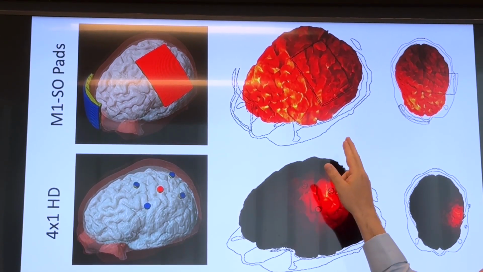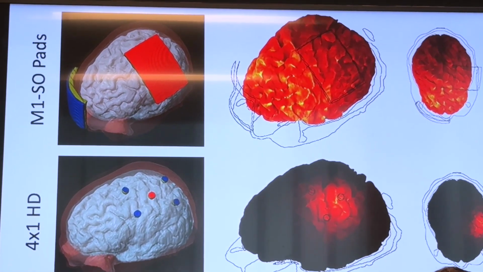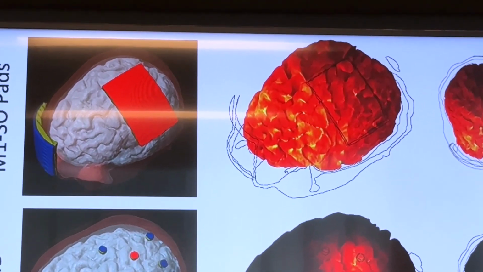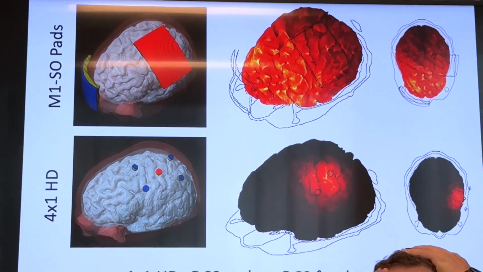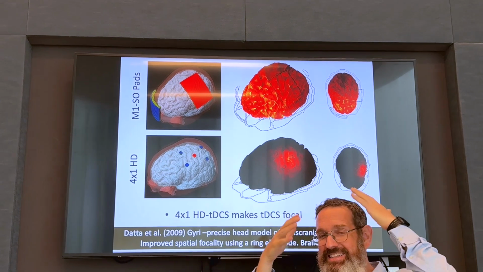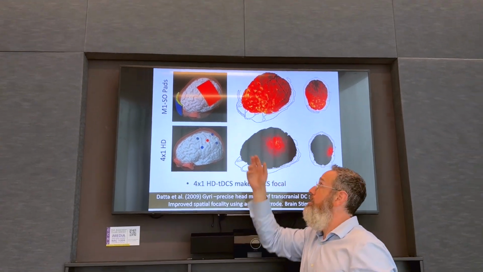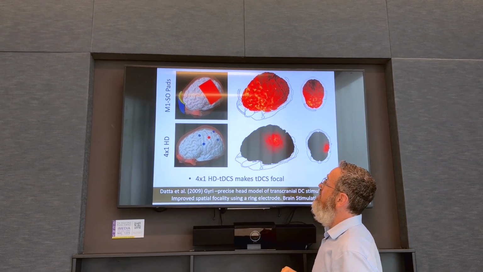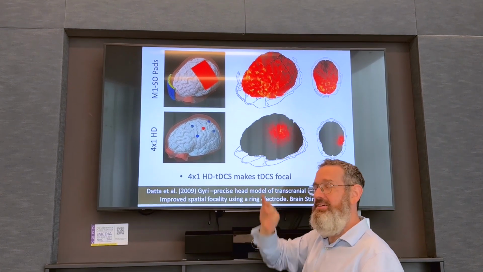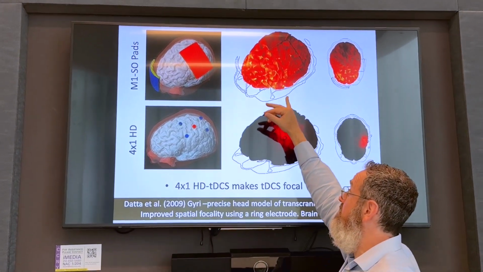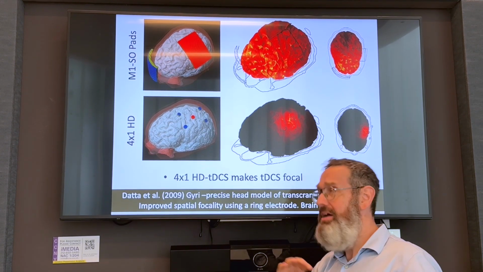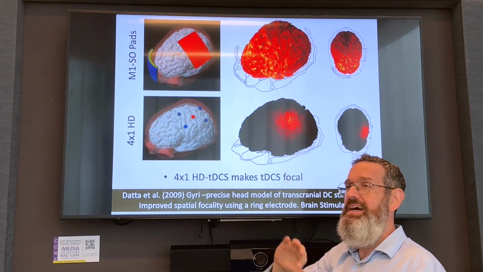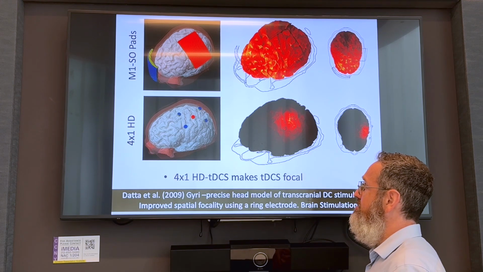And you'll notice that the hot spots, which are shown here in the hotter colors, are also not under the electrodes, meaning the peak current flow delivered to the brain by the M1 SO montage is not necessarily even under the electrode, but you have all these clustering kind of hot spots. And you'll notice that these clustering little hot spots, these sort of yellow regions, seem to relate a bit to the folding of the head. So somehow the folding of the head is impacting where you get these hot spots.